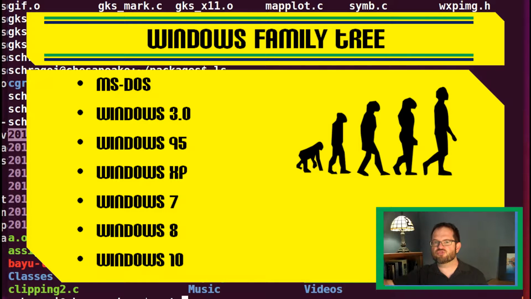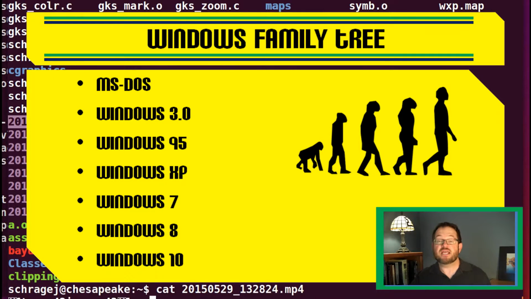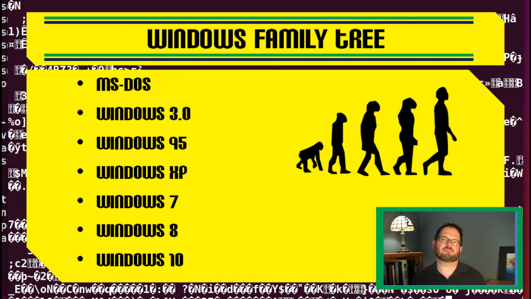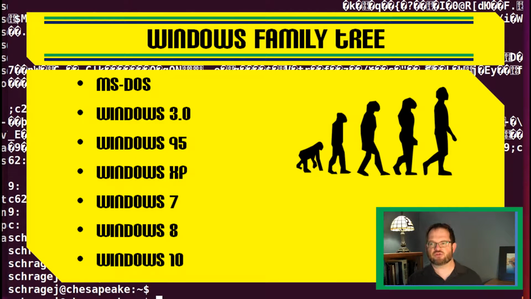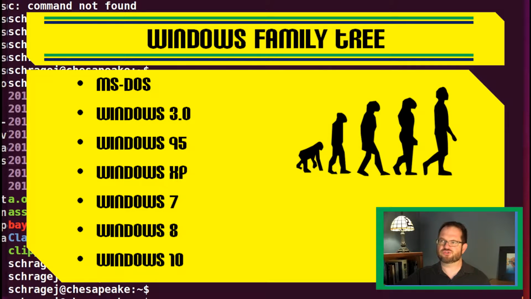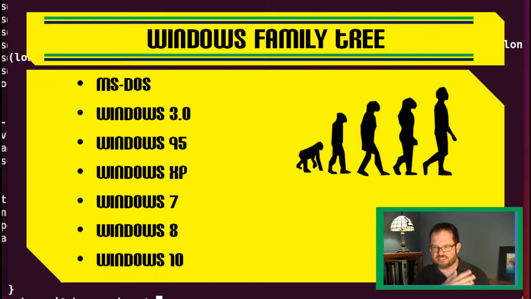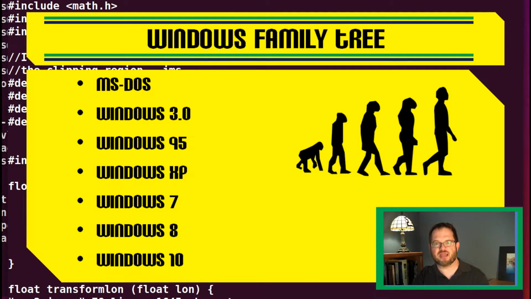This is their main consumer family of operating systems. They also had products that were more oriented around corporate use for servers and things like that. There's Windows Server 2003 and Windows NT 4.0 and things like that that are related products to this long family history of these copyrighted operating systems by Microsoft.